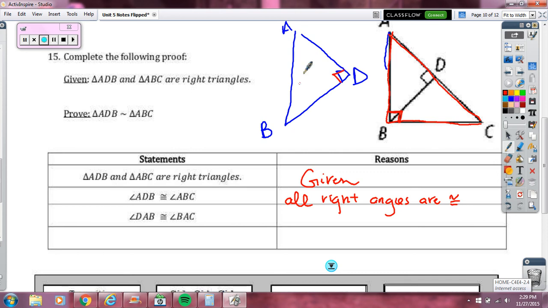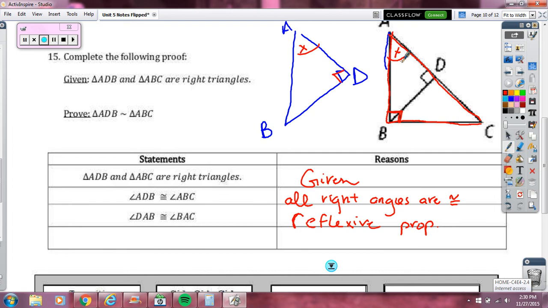DAB and BAC are congruent. Those are both just two different names for the same angle. So that is my reflexive property. So if I were to call this thing DAB, or if I call it BAC, they're both naming this guy up here.